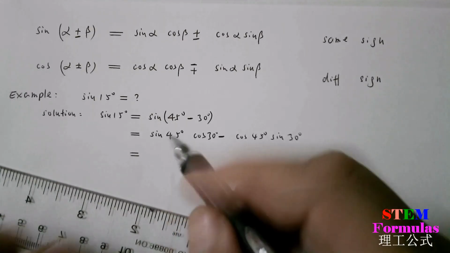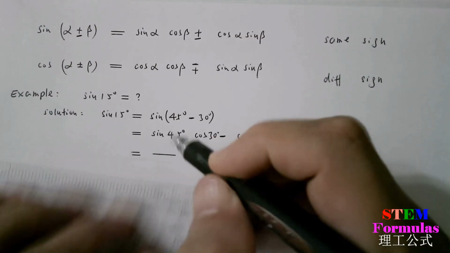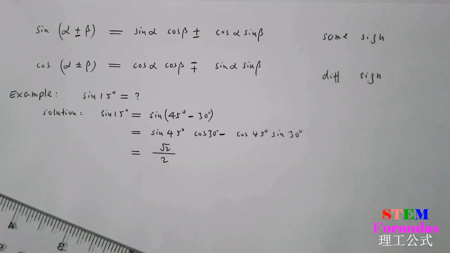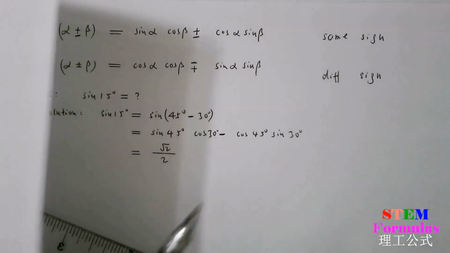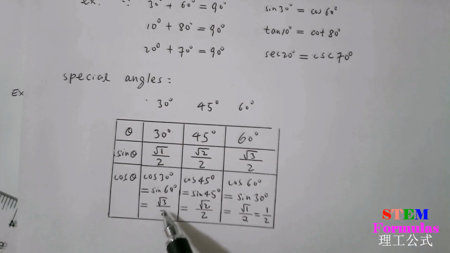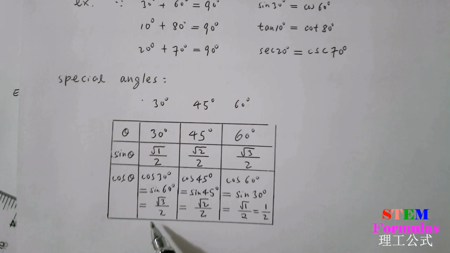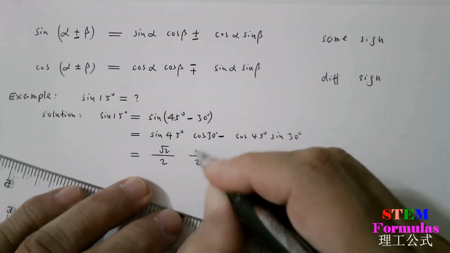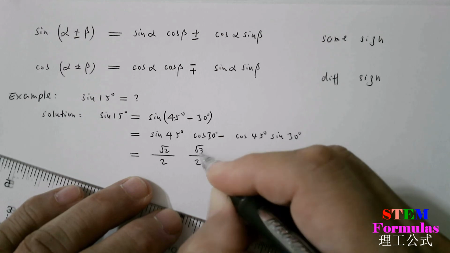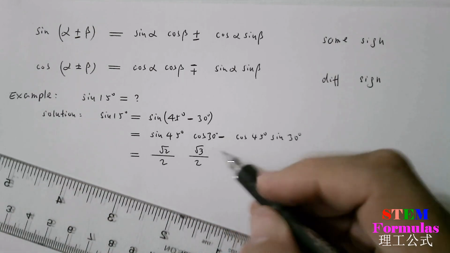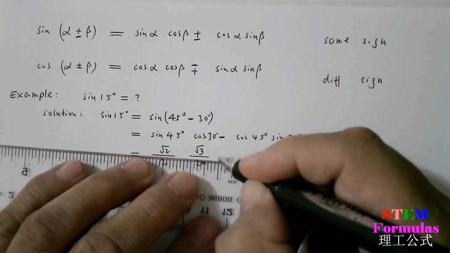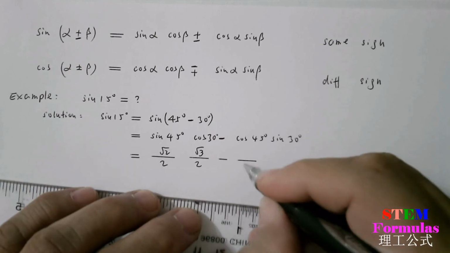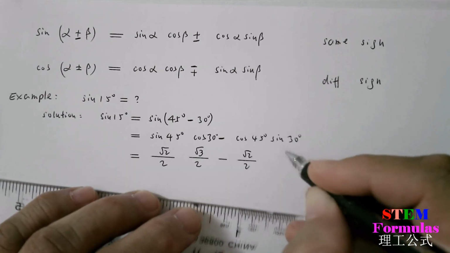So I have here sine 45, cosine 30 degrees, minus cosine 45 times sine 30.